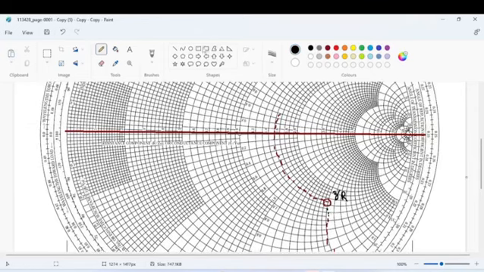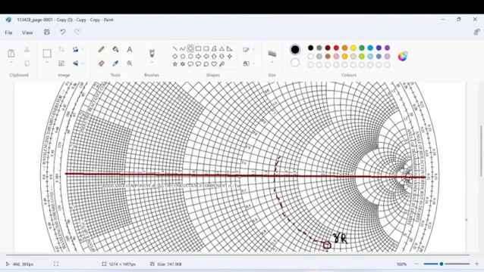Now what do you do? I'm drawing in a rough manner, so please draw it carefully in your notebook. After this you draw a circle. What is the name of this circle? This is the VSWR circle.